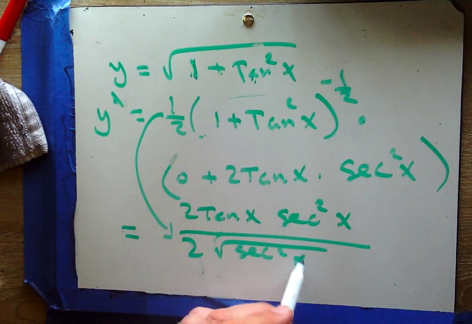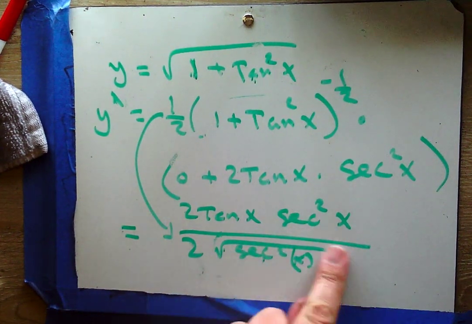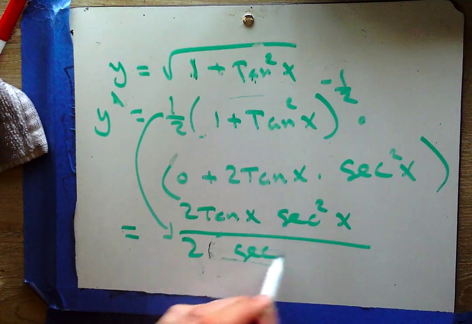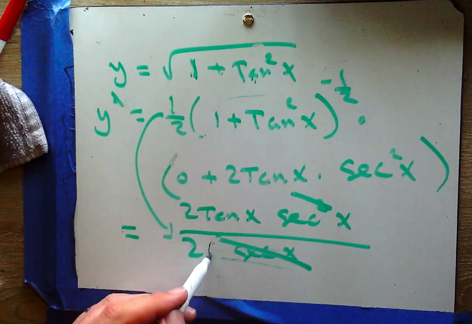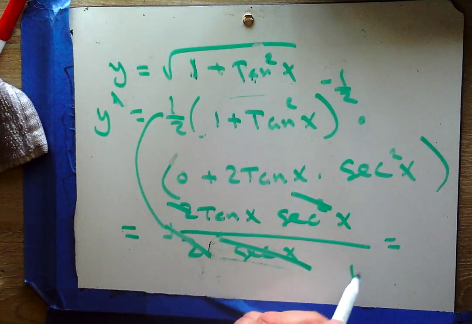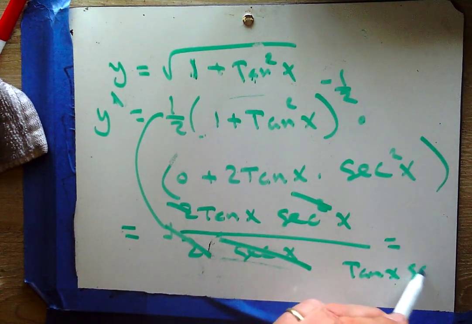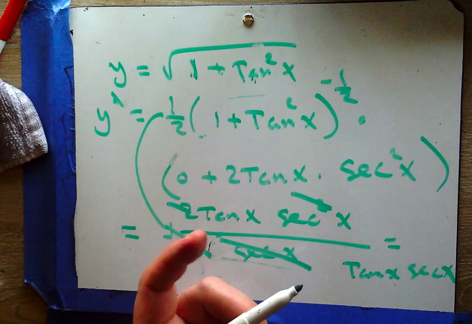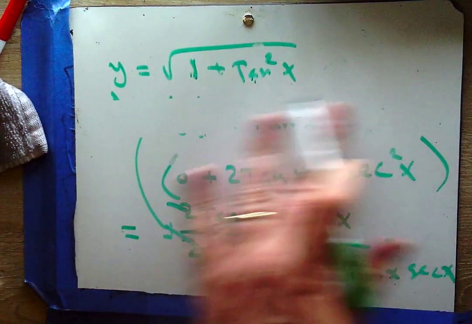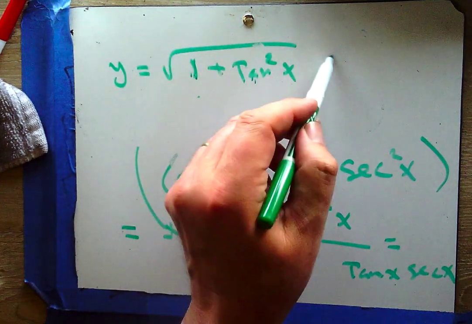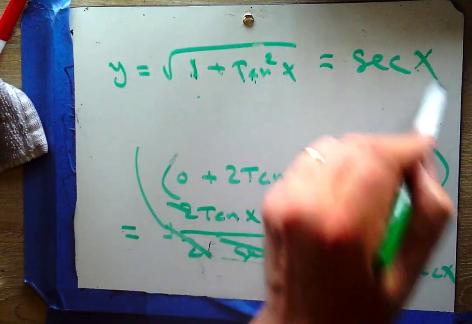That's secant squared. The square root of secant squared is just going to be secant. And so that cancels one of those. These cancel. And we end up with tangent x, secant x, which is in fact the derivative of secant. So that tells me that all this stuff is really just secant.